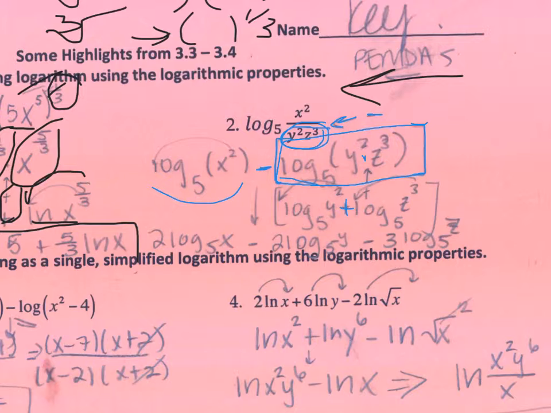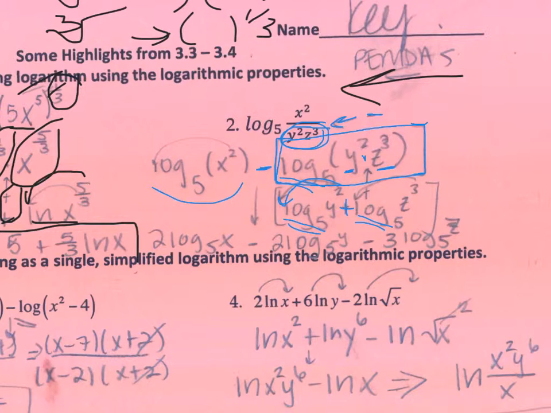So if we look at this, we have log base 5 of y squared, first term, plus log base 5 of z cubed. And then the power comes down in front of its term. So we have 2 log base 5 y plus 3 log base 5 z. And then we need to distribute the negative in.